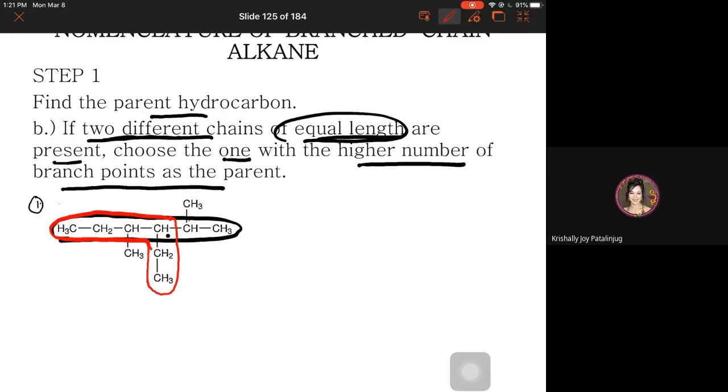Now, in choosing the parent chain, if this is the case, you have to choose the one with the higher number of branch points as the parent. Now, let me ask you, which do you think is the parent? The one with red na highlights or yung black?